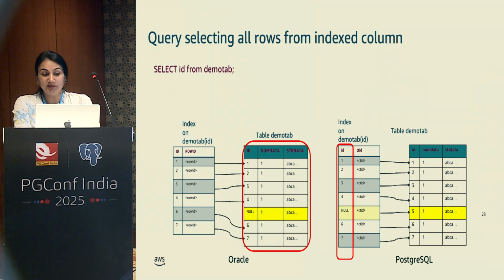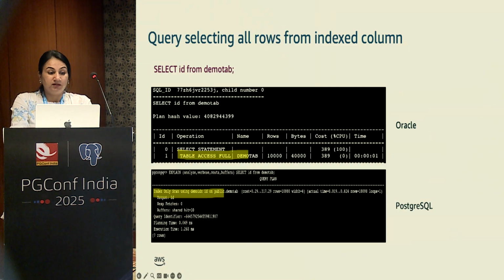If you have a null value for ID here, it might not be represented in the index. So when you run this query, the optimizer feels, what if you need the null value also to be shown? In that case, to be on the safer side, the optimizer goes for a full table scan. So here it says table access full in case of Oracle and index only scan for PostgreSQL.